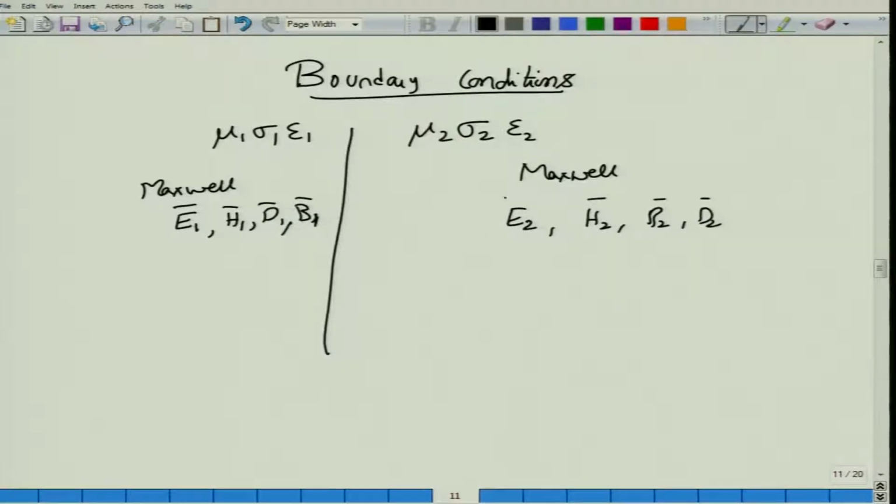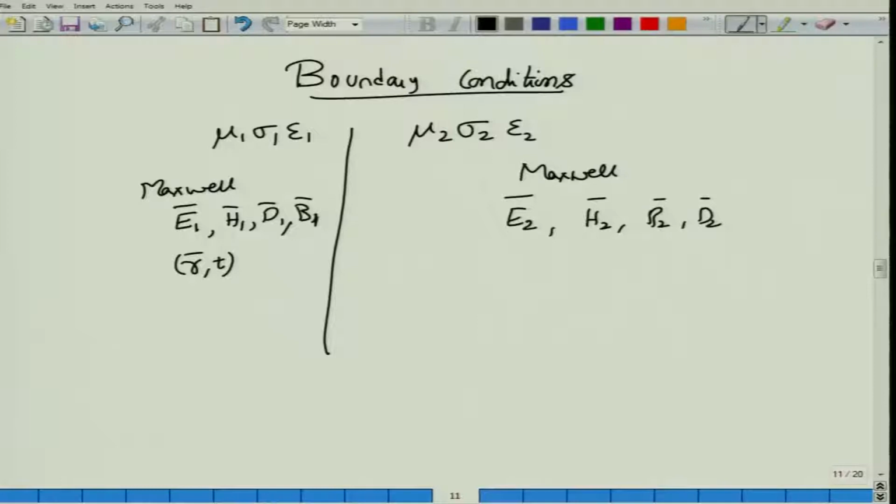These are all vector quantities which vary both as a function of r as well as a function of time. So all the field quantities are functions of space as well as time: the electric field, the magnetic field intensity H, the electric flux density D and the magnetic flux density B.